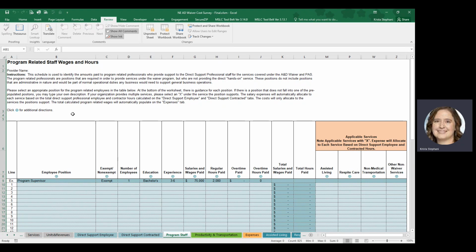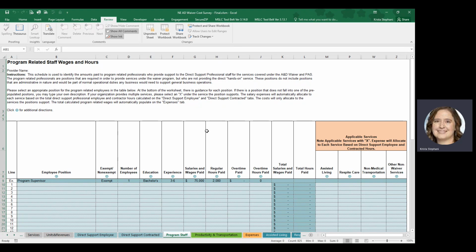So this schedule of the survey is being populated to provide information related to the program-related staff wages and hours. So how do we define program-related staff?